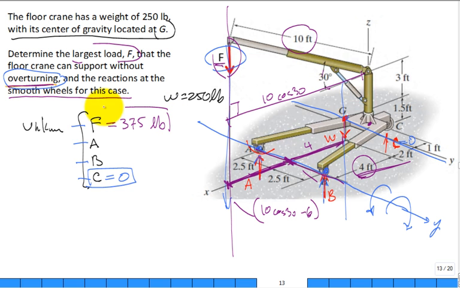I know there's another digit or so on there, but 375 pounds. 376 pounds, I think, if you round it up. Okay, again, how did we get that? Sum of the moments about the y-axis, or a y-axis that goes through points A and B. That's a long subscript, isn't it? But I'm trying to be clear what I did, okay?